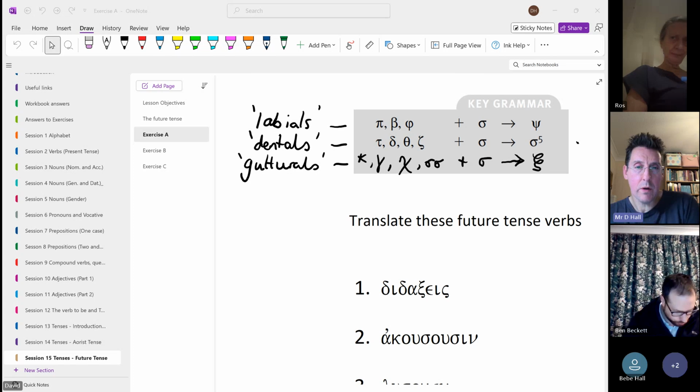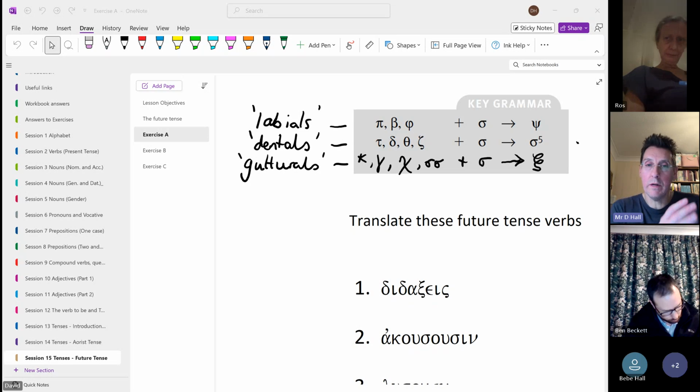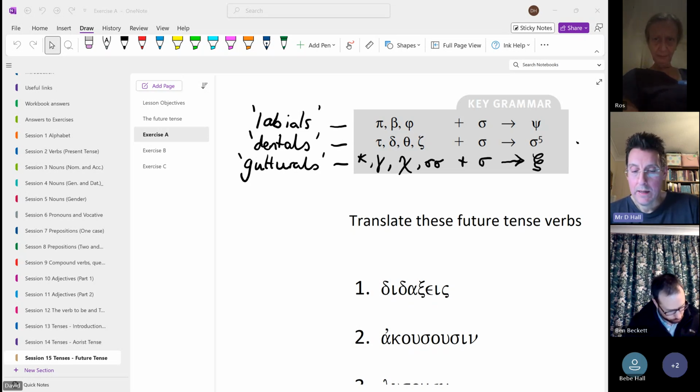Okay, psi. So you're going to end up with a bit of a change, and it's usually easy to see actually when you see these in the words. There'll be something for you to take note of that you think, oh yes, I know that's either talking about a future tense or an aorist tense, because you've got this change towards the end.